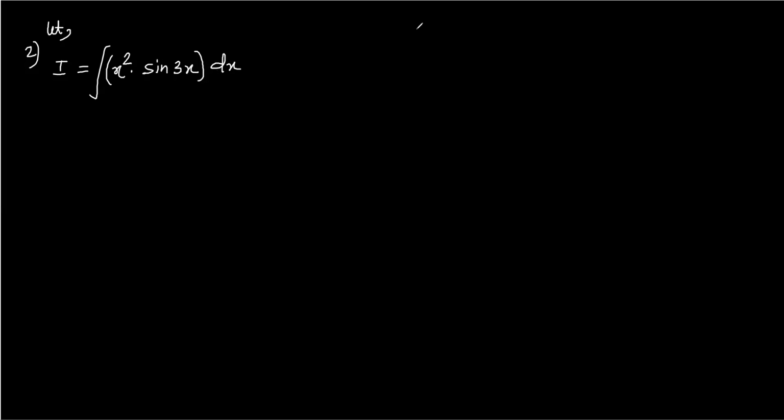So here I will first check the order. What is x square? X square is algebraic. What is the first step, students? We check the order. The first step is we check the order. So x square is algebraic, and sine 3x is a trigonometric function.